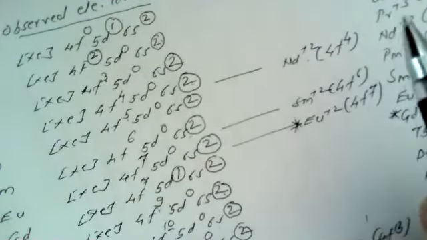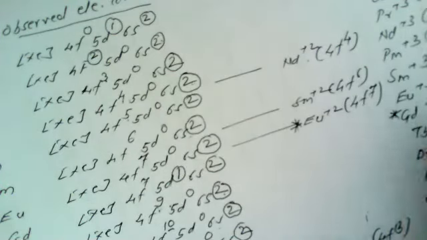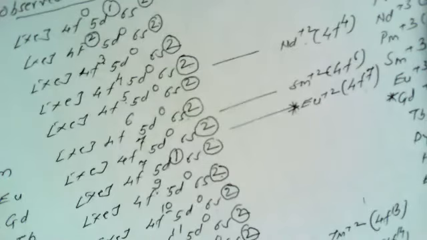So the stability of these different oxidation states cannot be explained on the basis of acquiring their divalent or tetravalent configurations. In general, we can conclude that lanthanides do not show higher oxidation states.